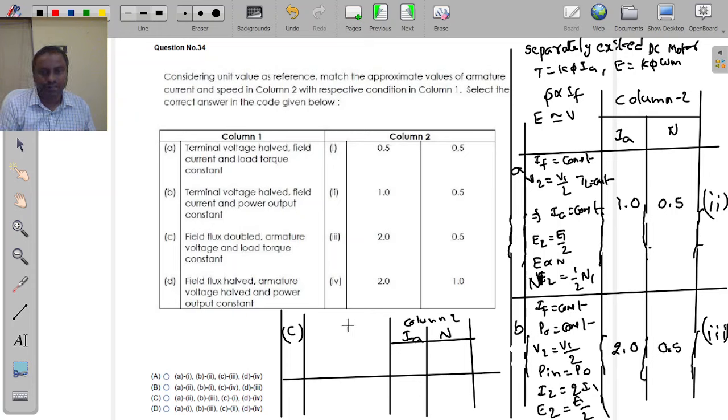Now in this third case, the field flux is doubled, phi becomes 2 times phi 1, the armature voltage is halved, and the power output is constant.